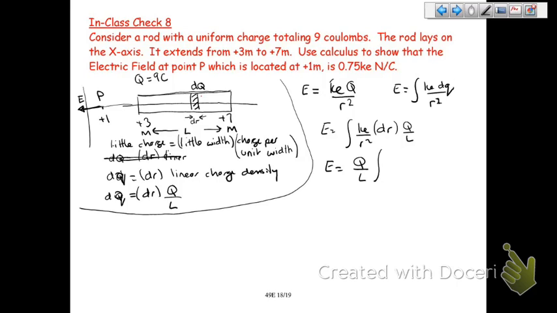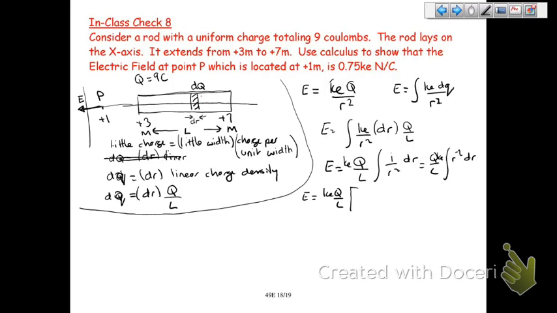Integral of 1 over R squared dr, which equals Q over L, integral of R to the minus 2 dr. Did you mean to pull out your KE? KE, I completely left it behind, didn't I? Thank you. So E is equal to KEQ over L.